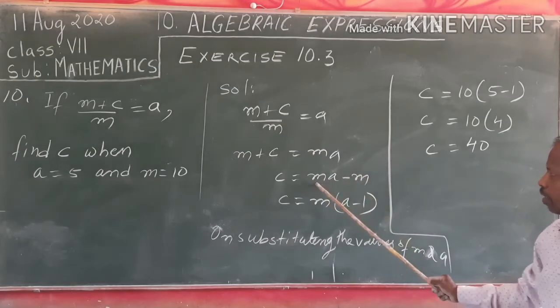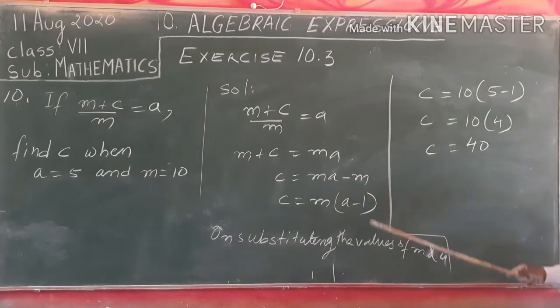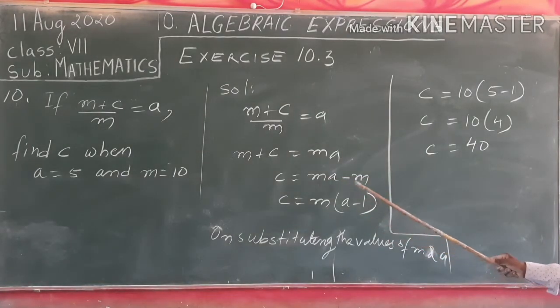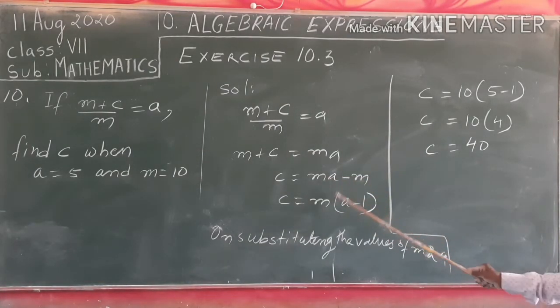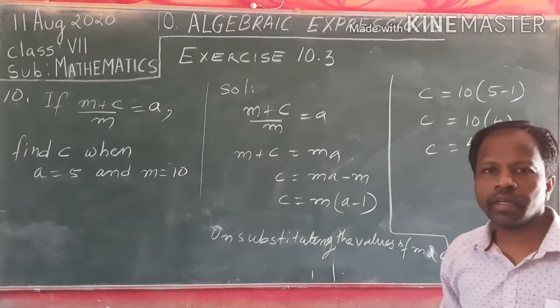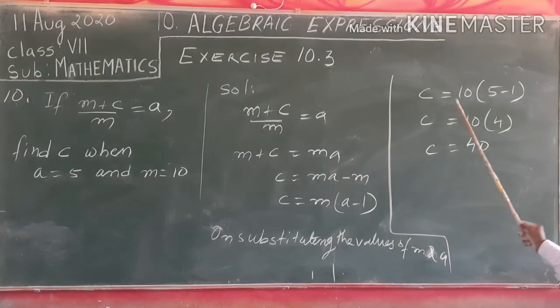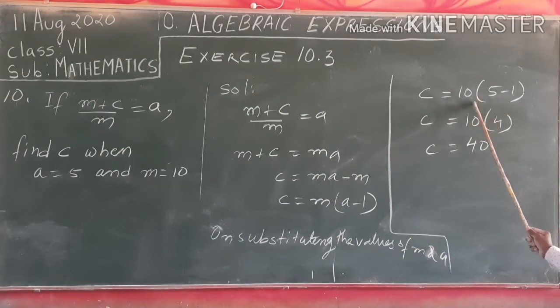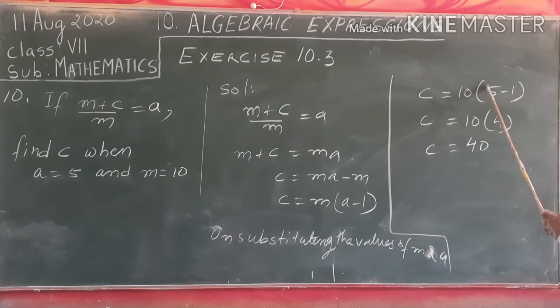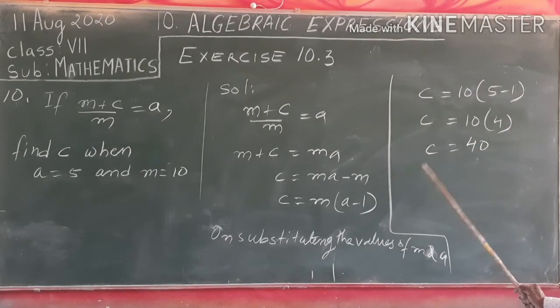Now m is common here, so we will write like this: m times a minus 1 in the bracket. Substitute the values of m and a. In place of m write 10, in place of a write 5. Inside the bracket we get 4, and 10 times 4 is 40. So the value of c is 40.